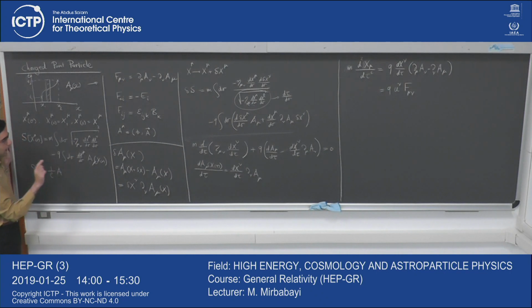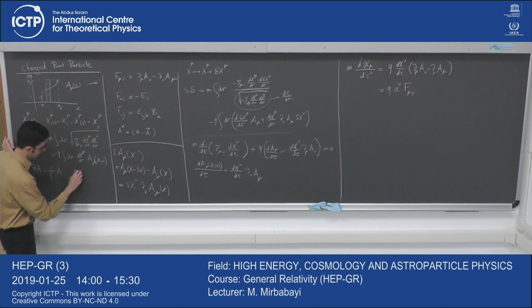Well, I want my action to be, I mean, what would be the alternative? Tell me the alternative, just x mu, for example. So for instance, d sigma times x mu times a mu.